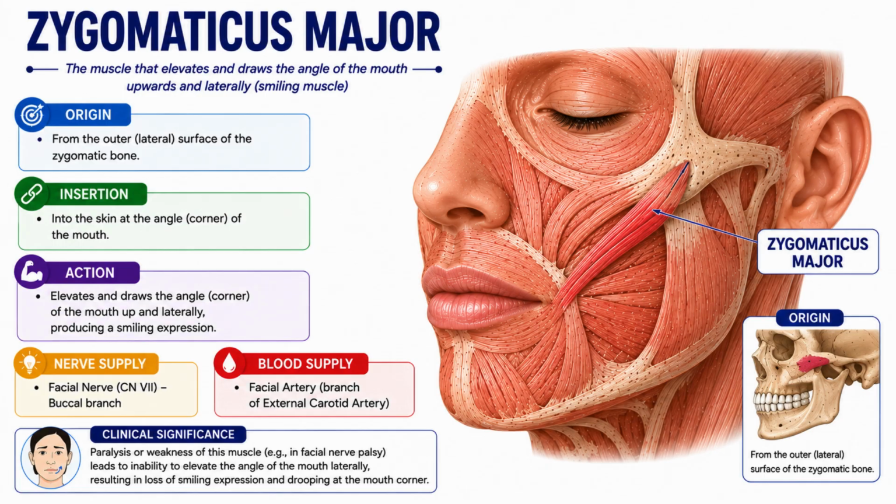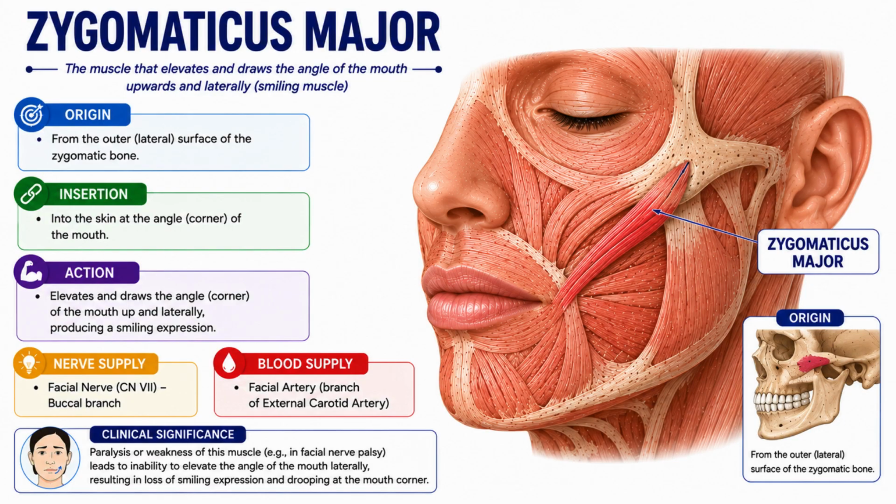It is present in the cheek. It gets its origin from the zygomatic bone. As the name indicates, it's the muscle present in the side of the face, and it gets origin from the outer surface of the zygomatic bone. It gets inserted into the angle of the mouth.